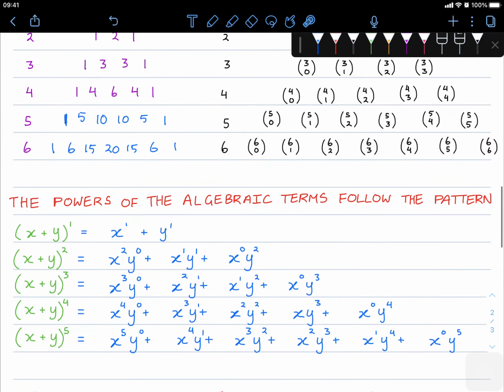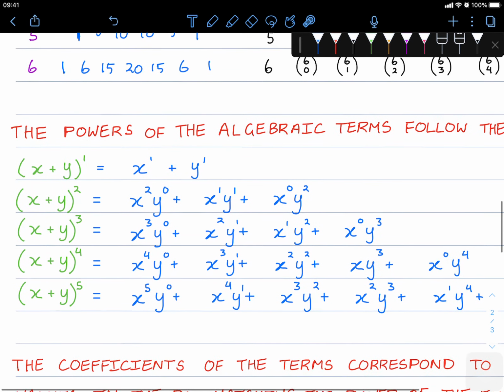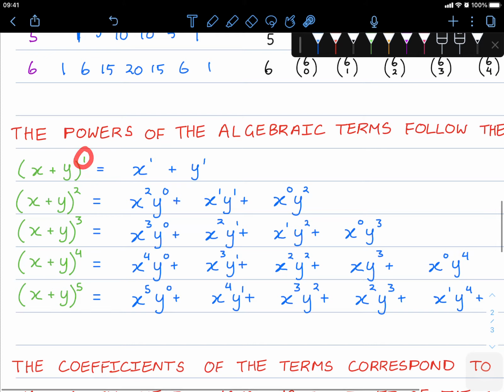Now, for the binomial expansions, I kind of hope you saw the pattern of the powers here. Starting from 1, the powers were 1, 1. Moving on from 2, we may not have written y to the power of 0. It was x squared, x to the 1, y to the 1, x to the 0, y squared.